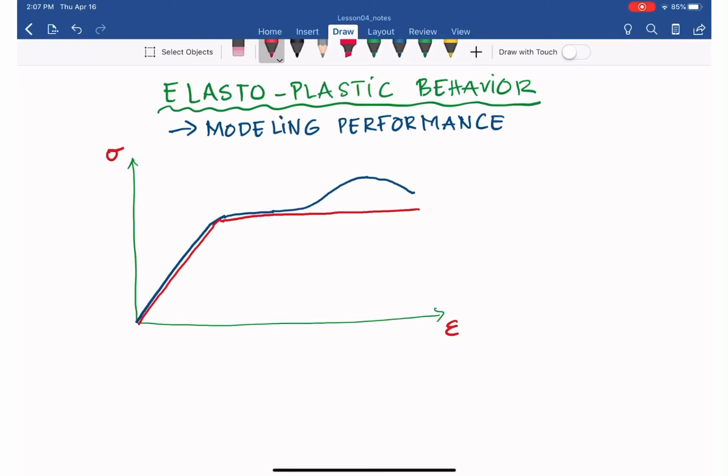Whatever sigma we want to design for, that red line we call elastic and perfectly plastic.